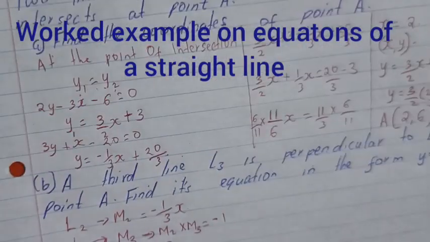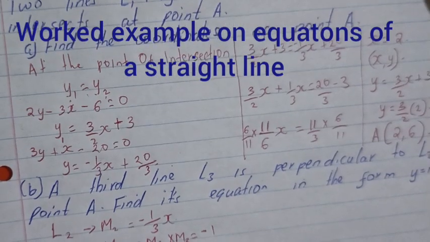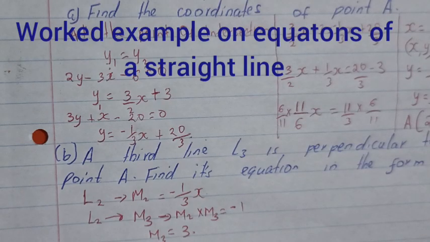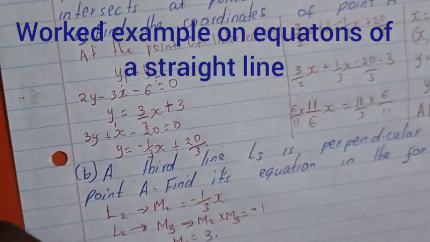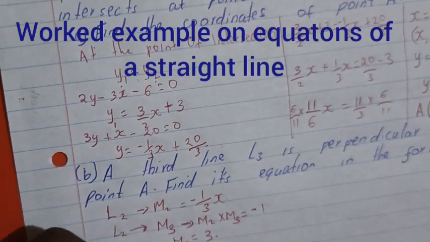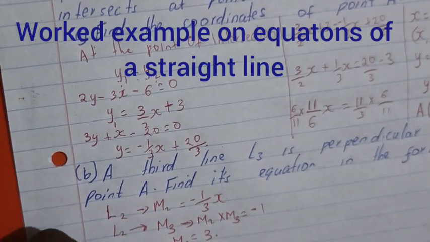Now to get the equation, we just assume that we don't have one of the points, and therefore we say that gradient is equal to change in y over change in x.